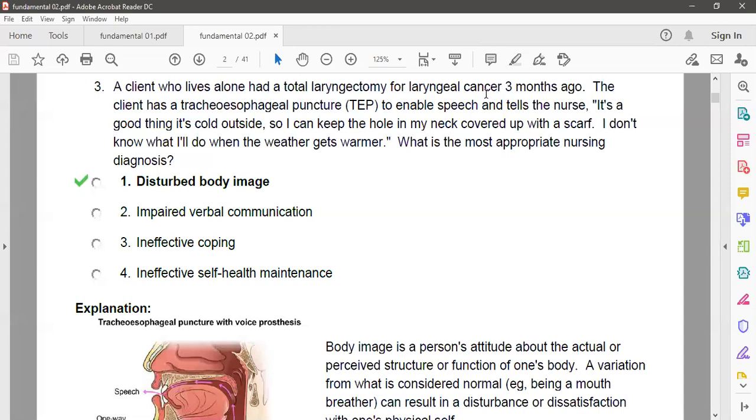In case of laryngeal cancer, we should know the basic symptoms: the patient develops hoarseness of voice, breathing difficulties, sometimes excessive coughing, sometimes coughing up blood, neck pain, sore throat, neck swelling, neck lump, and also sudden weight loss.